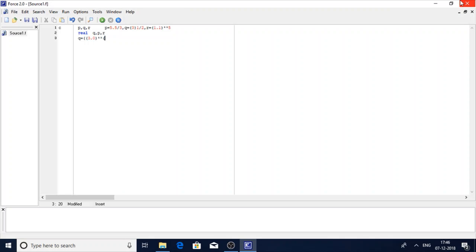0.5, right? 1 divided by 2 is 0.5. Now P is equal to 5.5. And R is equal to 1.1 to the power 5.0.